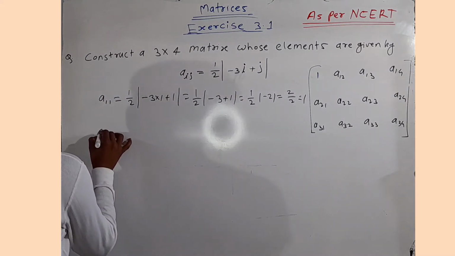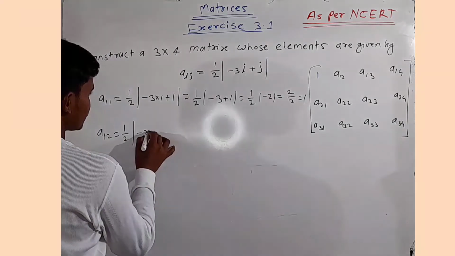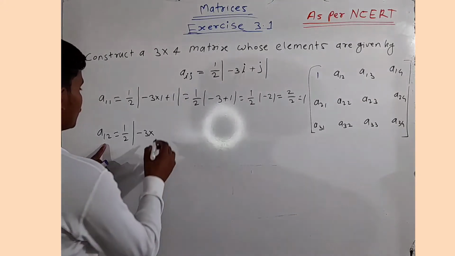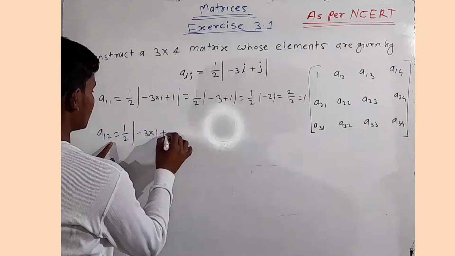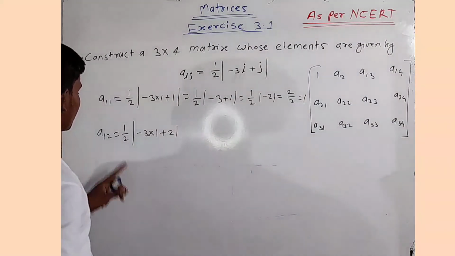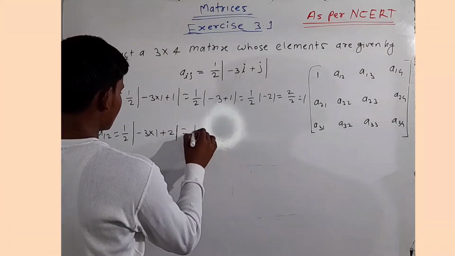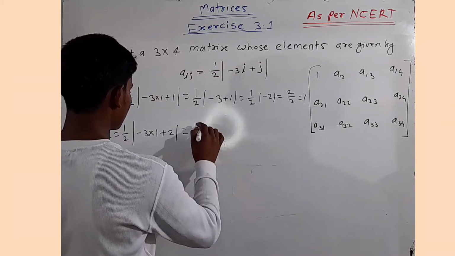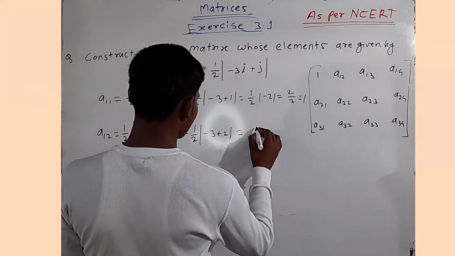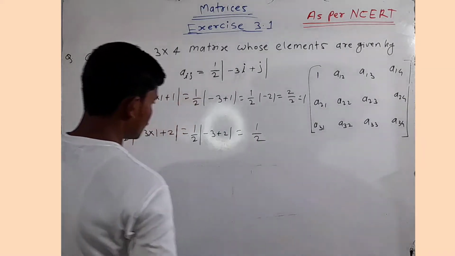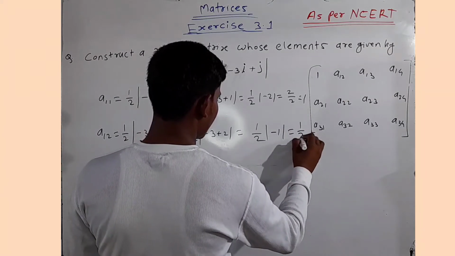Then next A12, 1 by 2 mod of (minus 3 into 1 plus 2), equals 1 by 2 mod of (minus 3 plus 2), equals 1 by 2 mod of minus 1, equals 1 by 2.